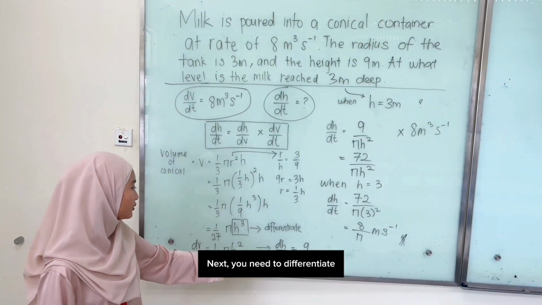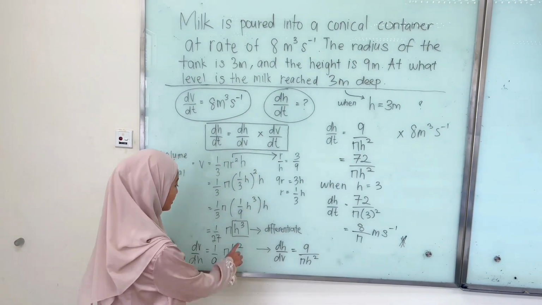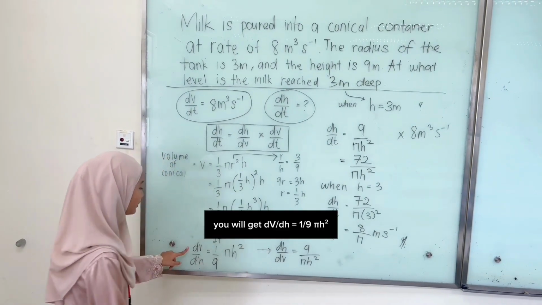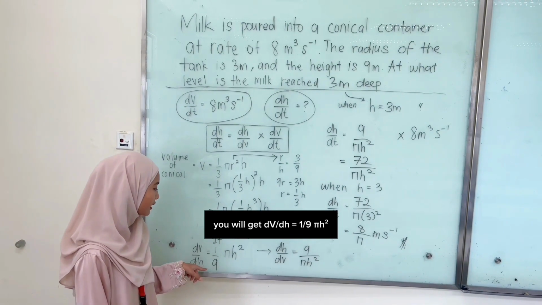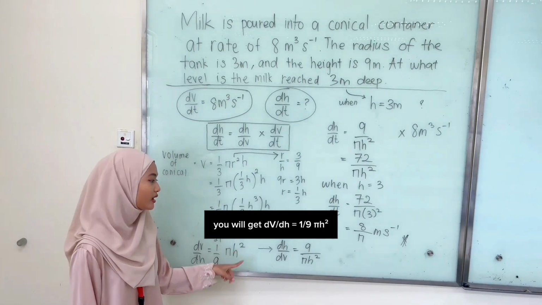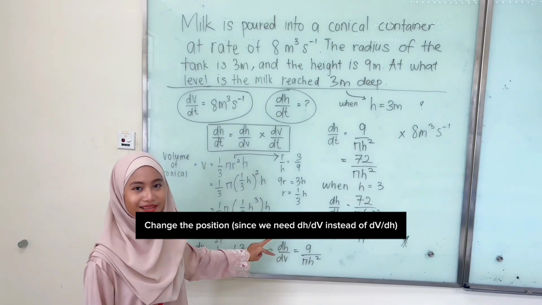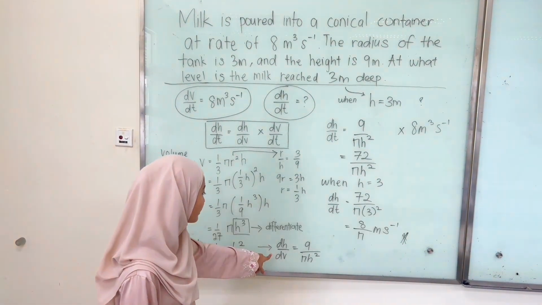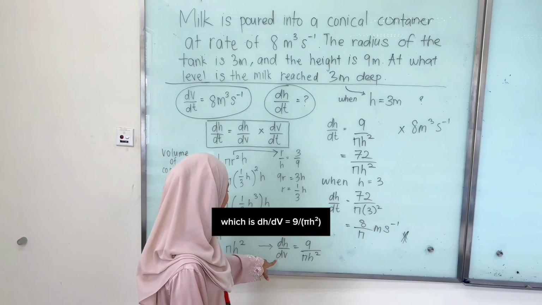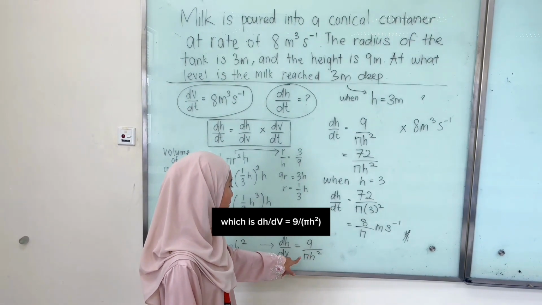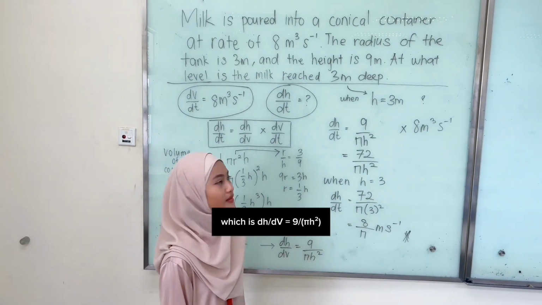And then you need to differentiate. And then you get a dV over dH equals to 1 over 9 pi h squared. And then you change the position, which is dH over dV equals to 9 over pi h squared.